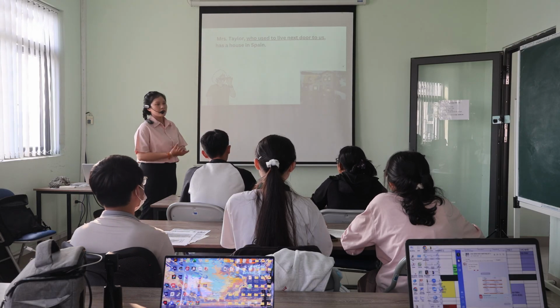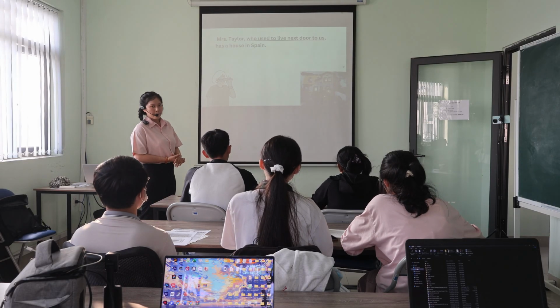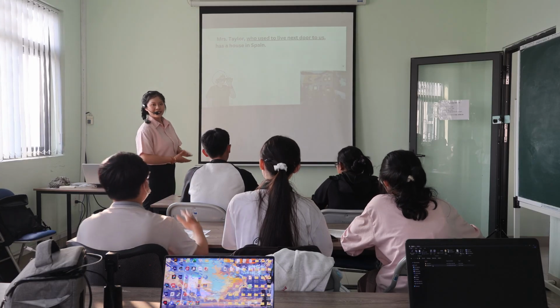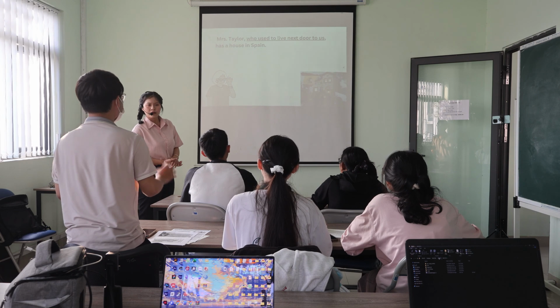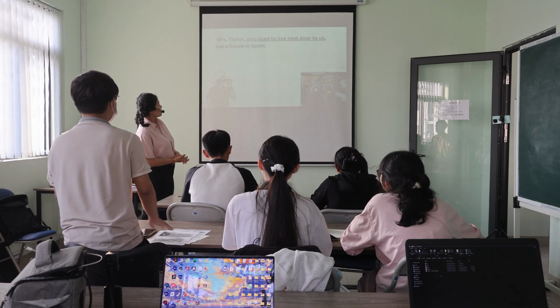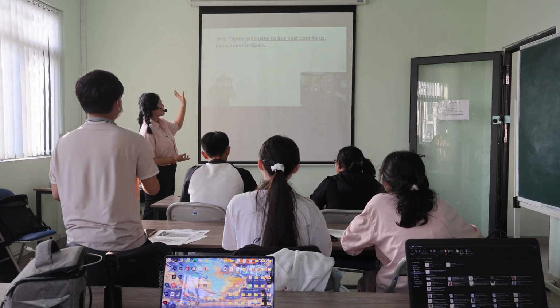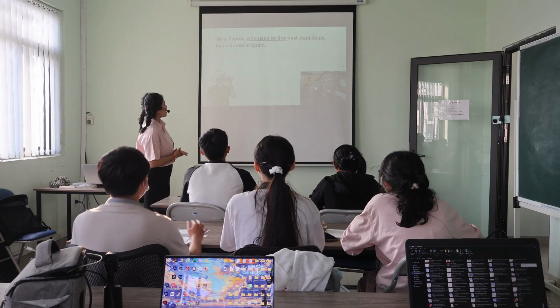Now, what do you think is its function? I think it's to add extra information to the word before. Very good. Extra information to which word? Mrs. Taylor. Very good. That's the correct answer.